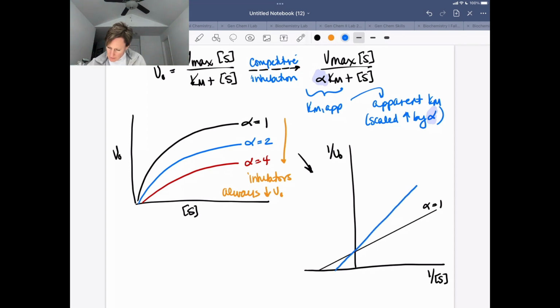So let's think about what happens then when we start inhibiting, okay? Now I'm specifically drawing this, I want to make this be a straight line here, for what I know is going to be the case for a competitive inhibitor. So this is, go back to writing here, alpha equals 2. And then let's go to our alpha equals 4.